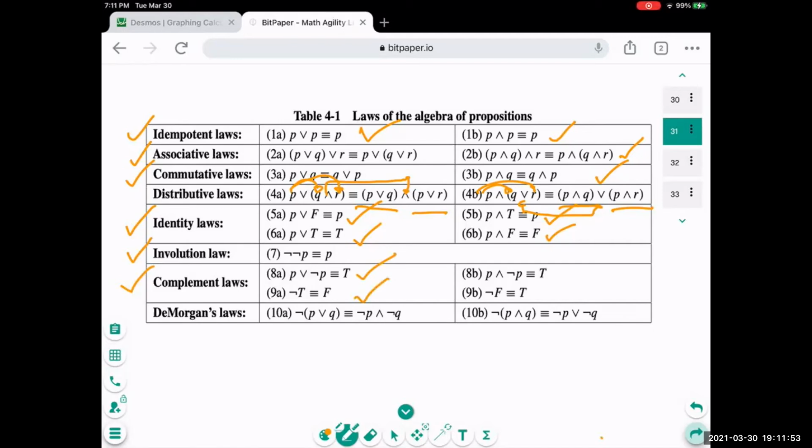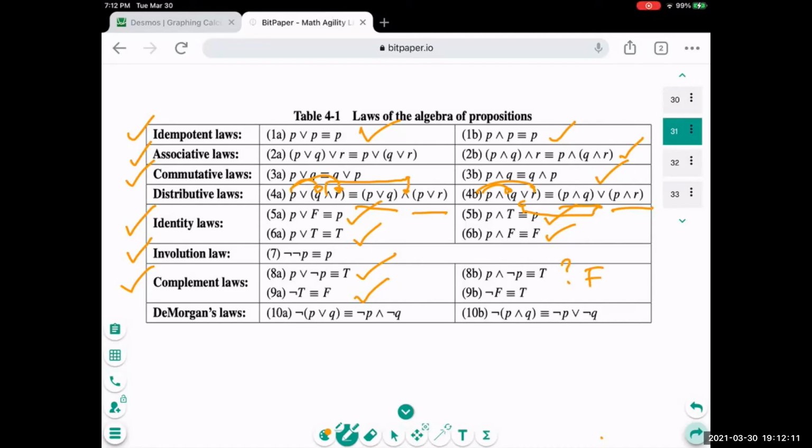So punta naman tayo sa conjunction. So P conjunction of not P, right? Ito, may question ako dito. Dapat yata to F, right? Sa 8B.